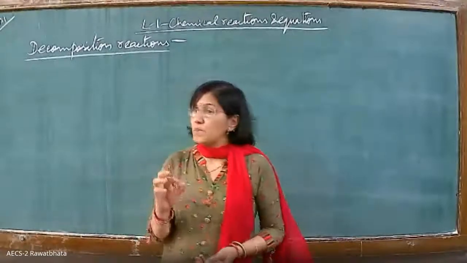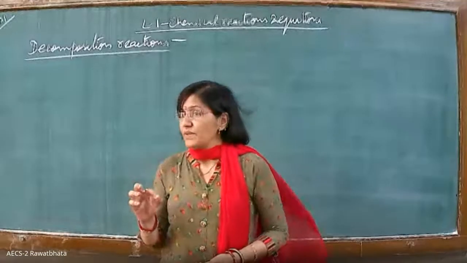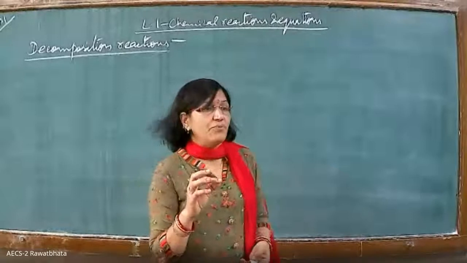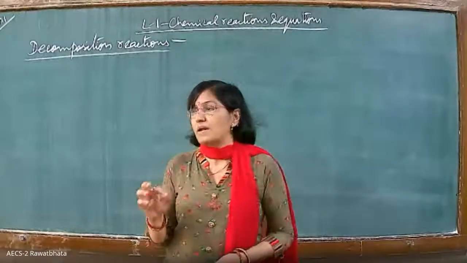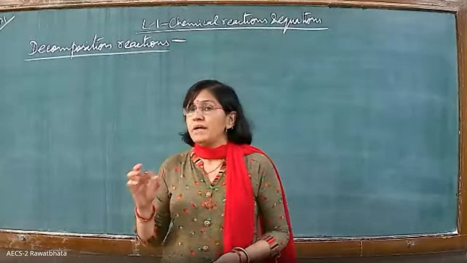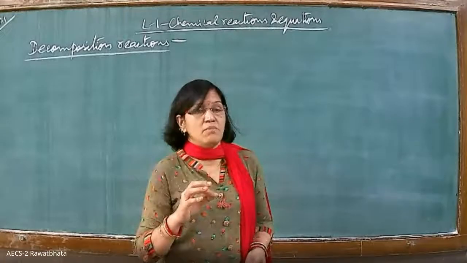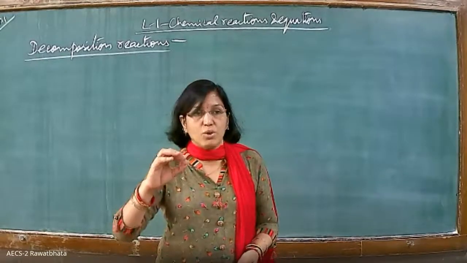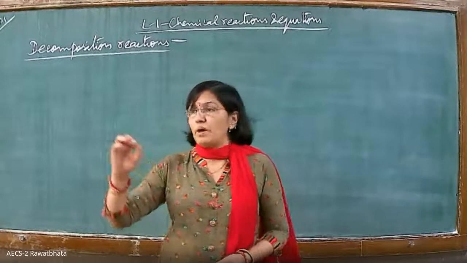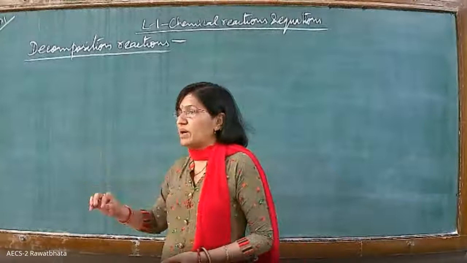The first one is with the help of heat. The second one is by the help of electricity. And the third one with the help of sunlight. In our board examination, at times they have given us a 3 mark question that you are supposed to write down the equation based on decomposition by heat, decomposition by electricity, and decomposition by sunlight.